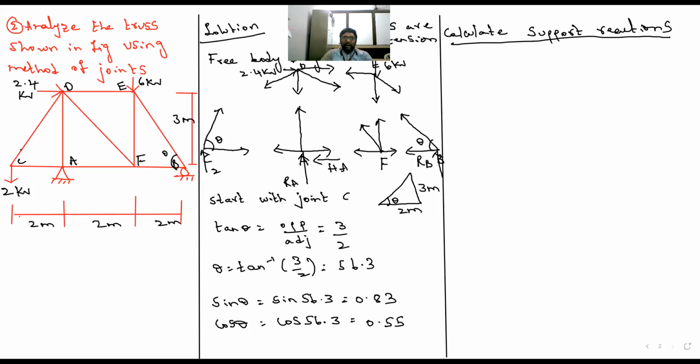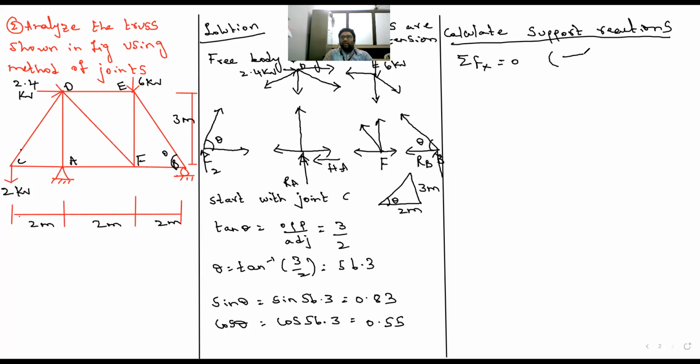So in order to calculate the reactions, let us take sigma Fx equal to 0. How many forces are there horizontally?